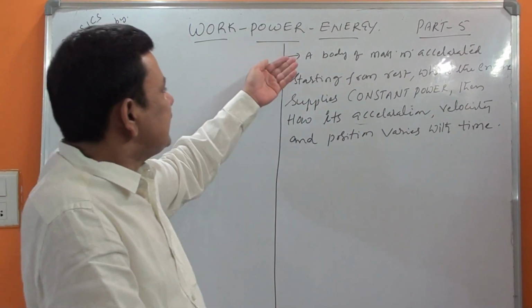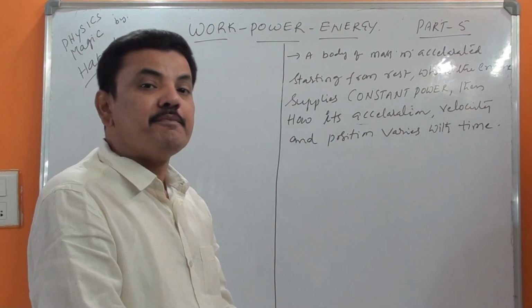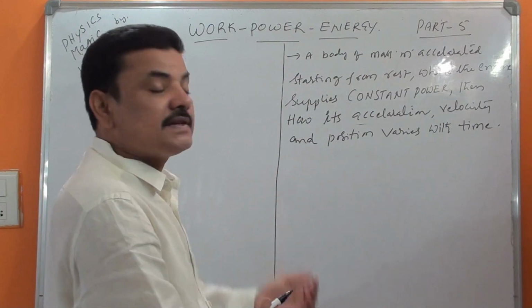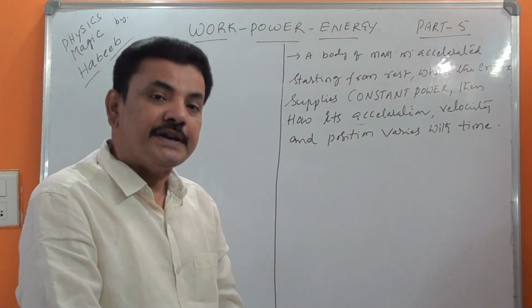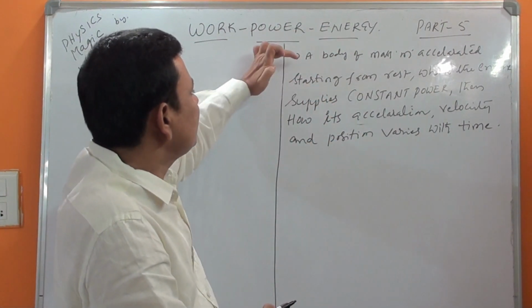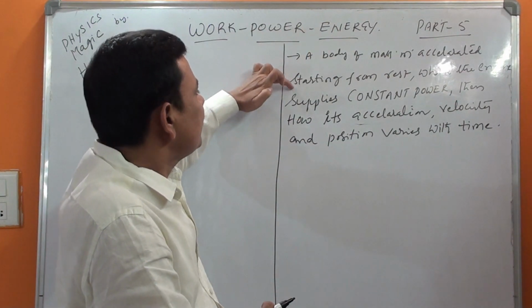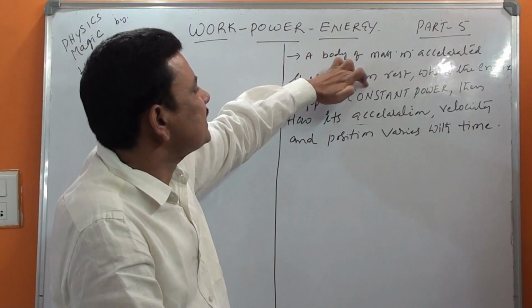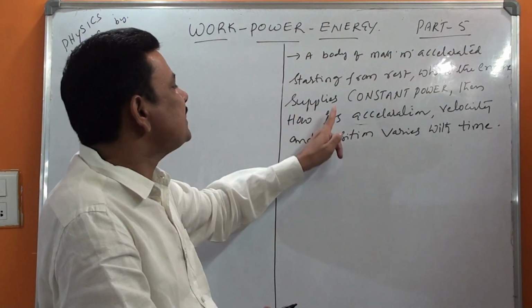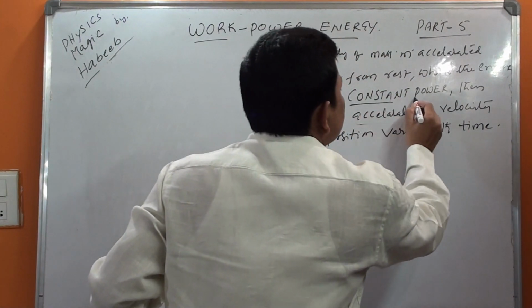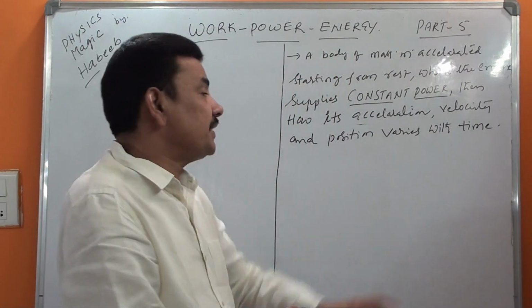This is another very, very important concept, and with this I will finish the power concept. A body of mass m is accelerated starting from rest while the engine supplies constant power. Very important.